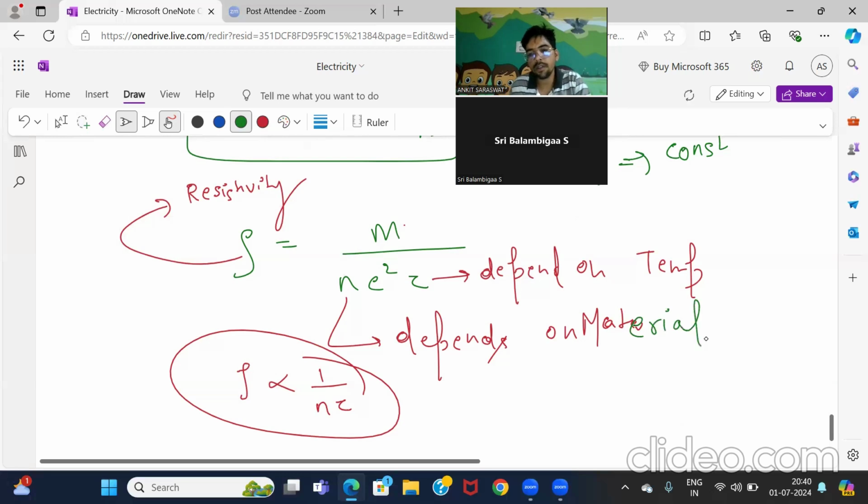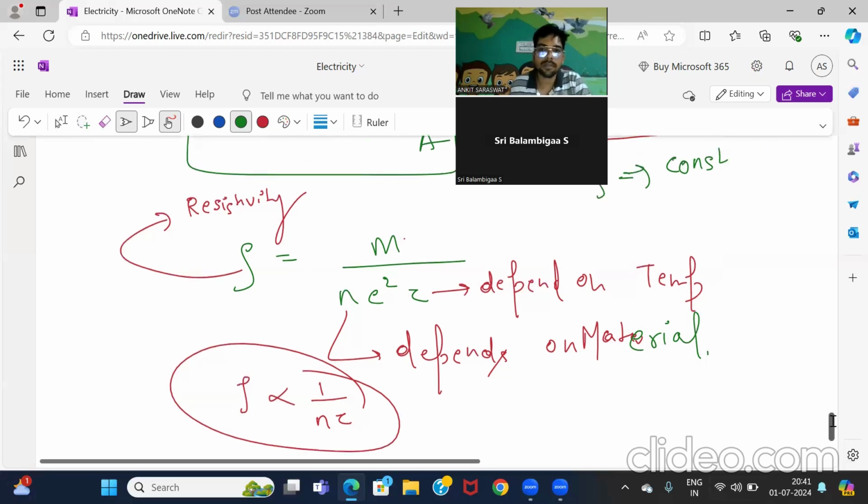And tau depends on temperature. Tau is the average relaxation time. If you increase the temperature, collisions are very frequent and rapid. So in between two successive collisions, tau will be less. If tau is less, then resistivity increases. Resistivity increases if tau decreases.